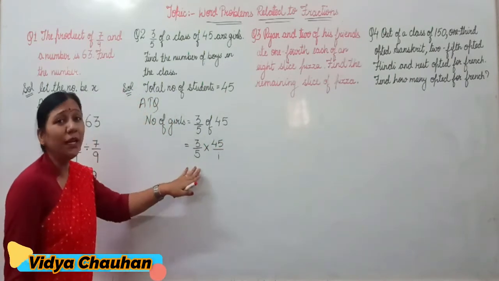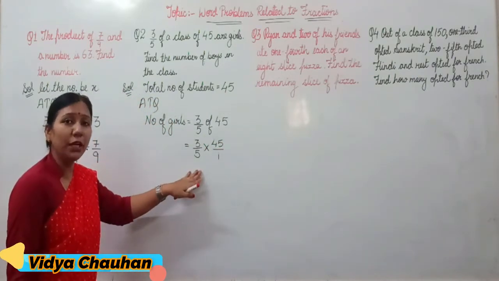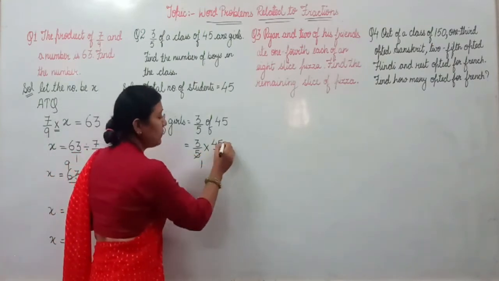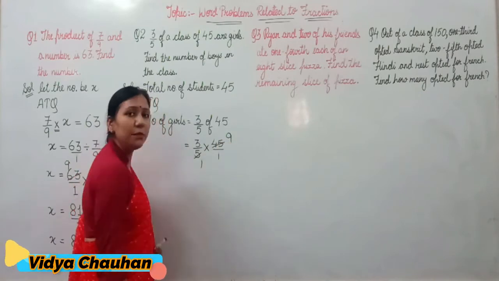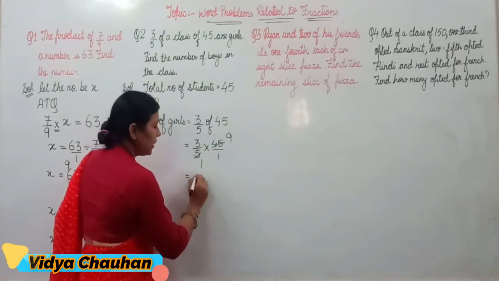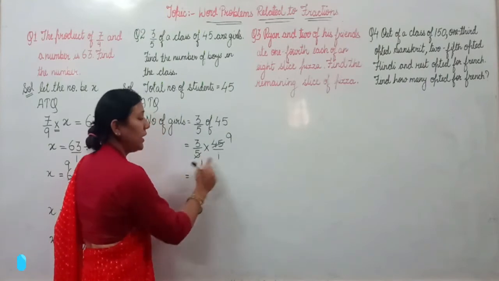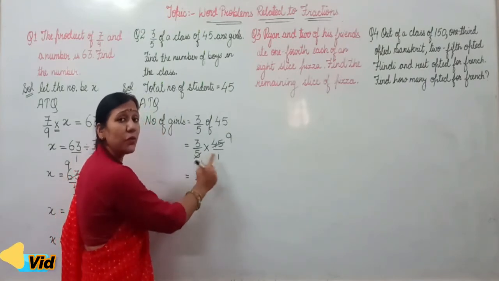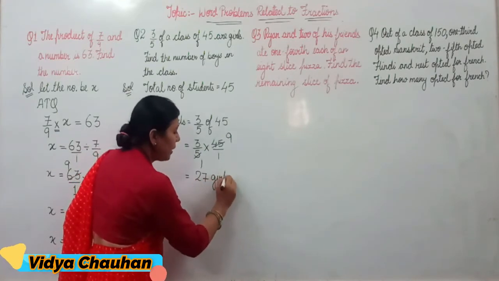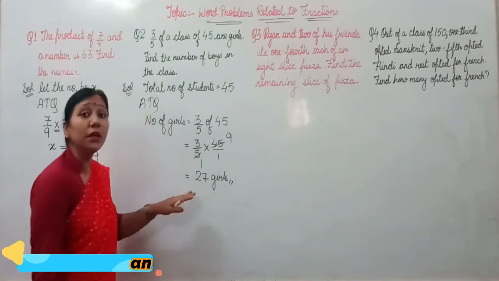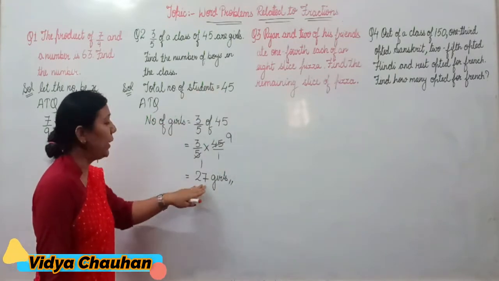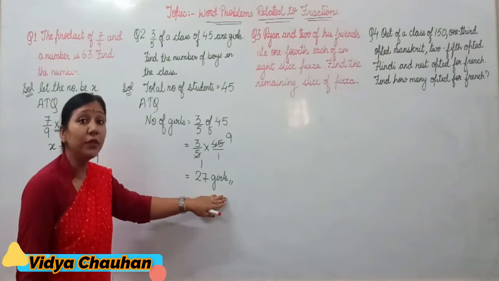Now we have to perform multiplication of these two fractional numbers. 5, 9 times is 45, so 3 into 9 is 27, and in the denominator it is 1 into 1, which is 1 only. So we have calculated the number of girls: out of the 45 students, 27 are girls.